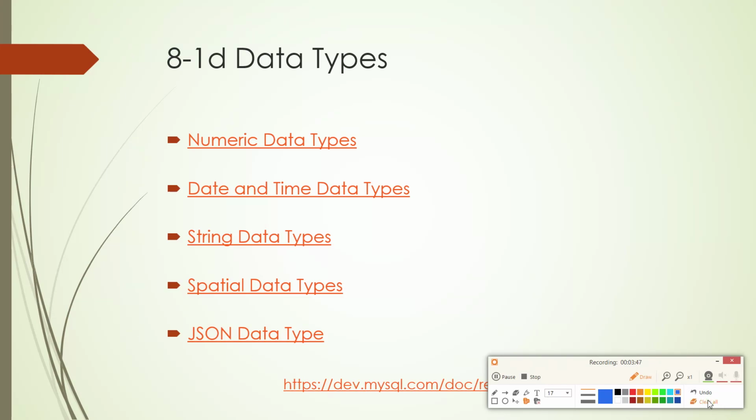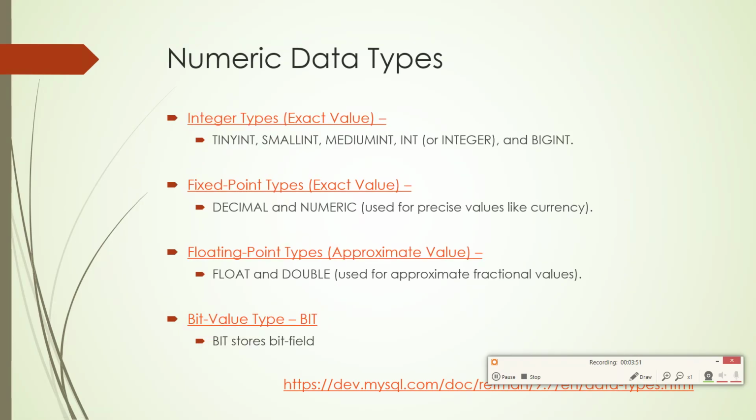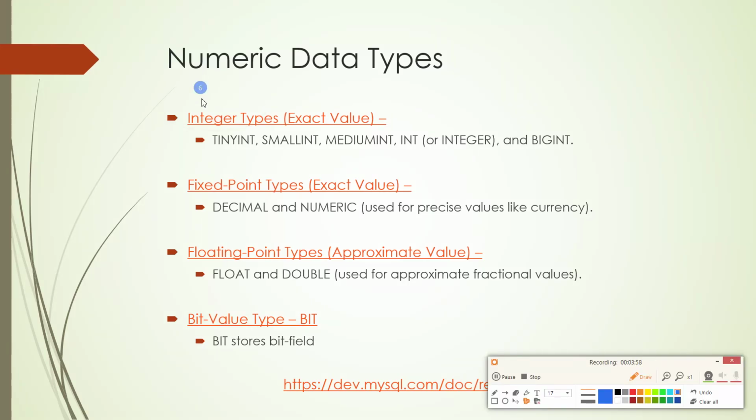The numeric data types are integer: tiny, small, medium, and big. Similarly, for fixed point, decimal and numeric data types will be there, and for float and double will be there, and for bit storage we have bit.